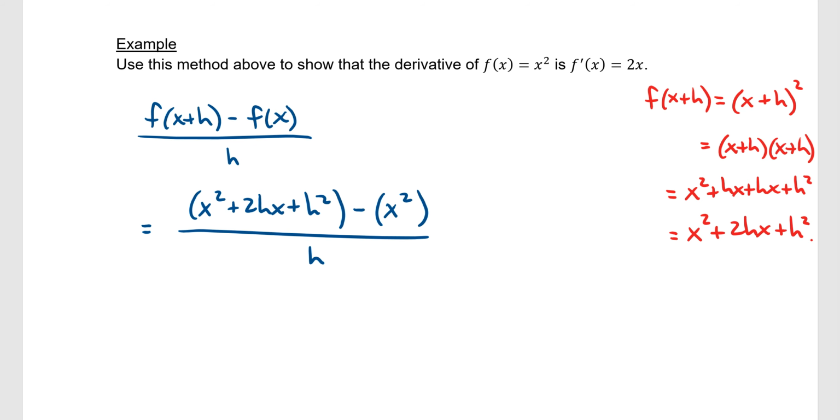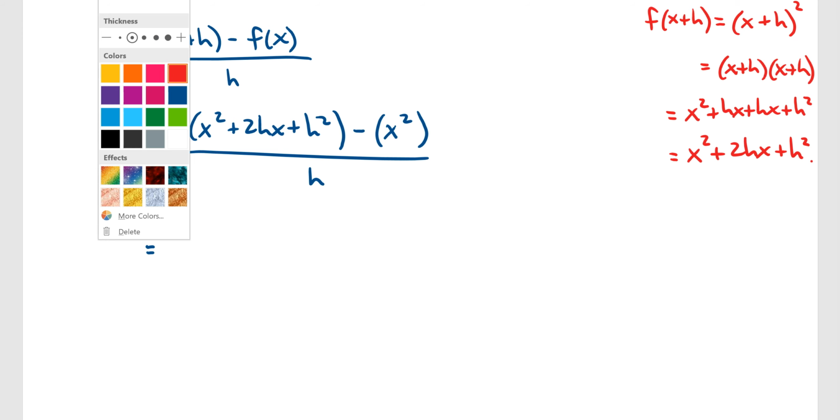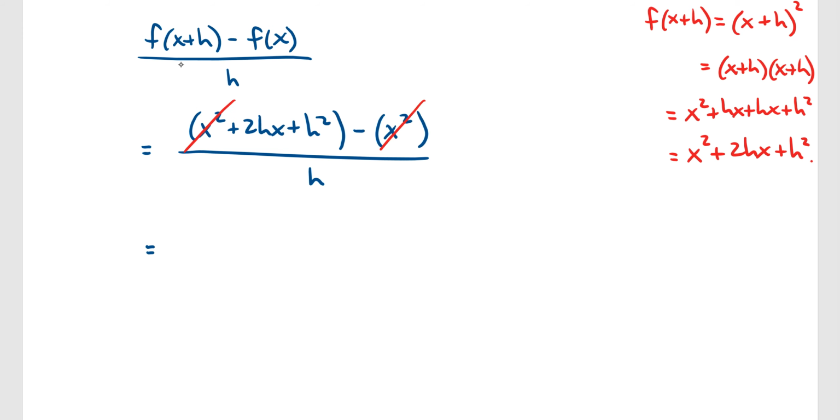So now we need to simplify this. We can recognize that the x squareds are going to cancel. Anytime you have a polynomial, the f of x over here on the right, the whole thing is going to end up canceling. So the x squareds cancel, and we end up getting 2hx plus h squared.